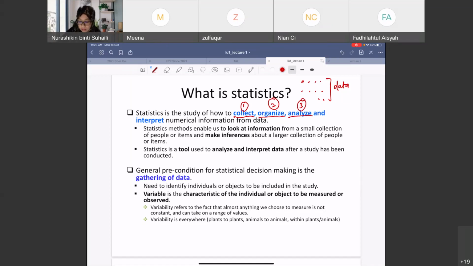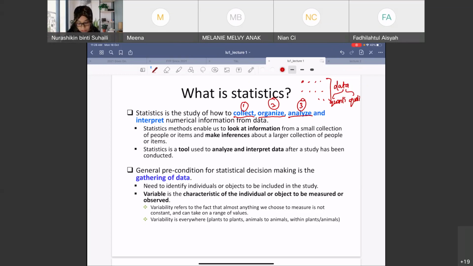Just now we talked about two types of data, quantitative and qualitative. So analysis of quantitative data is not the same as analysis of qualitative data. That's why there are so many things you have to know, the basics of the data, before you go into the analysis. And the last one is interpretation of the data.